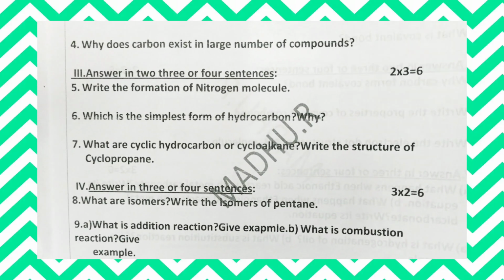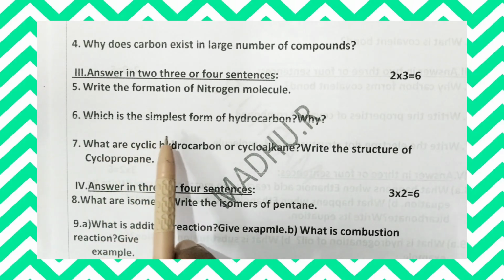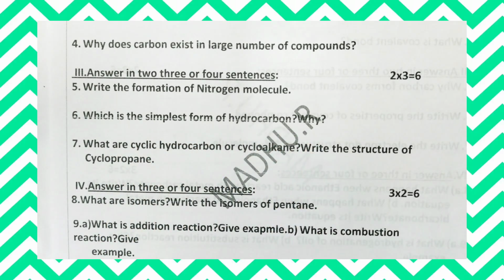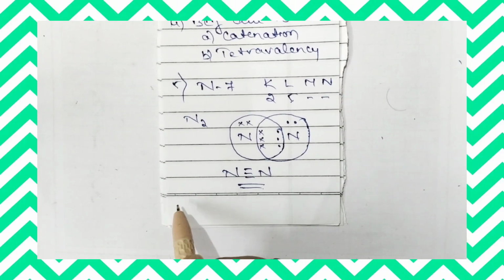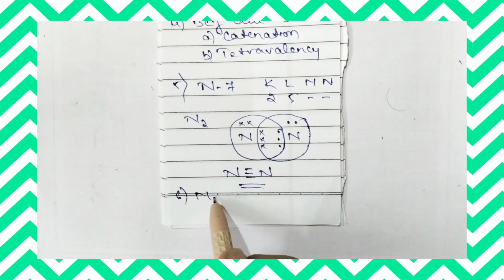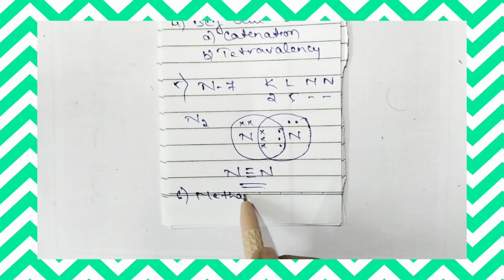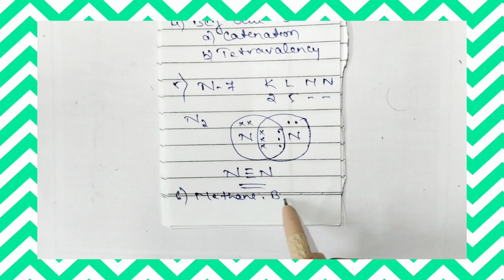Next, the sixth question. Which is the simplest form of hydrocarbon, and why? The simplest form of hydrocarbon is methane. Why?